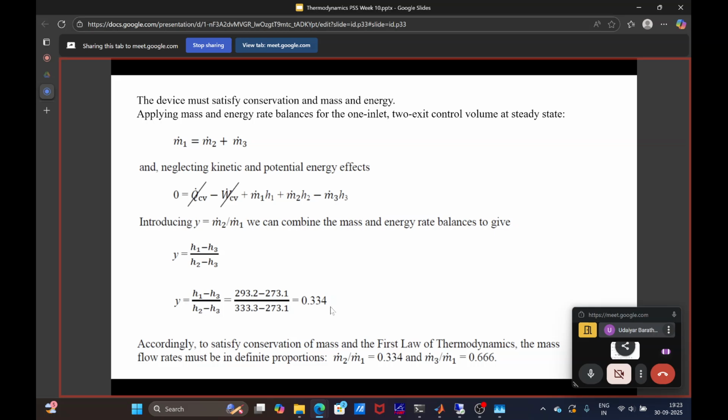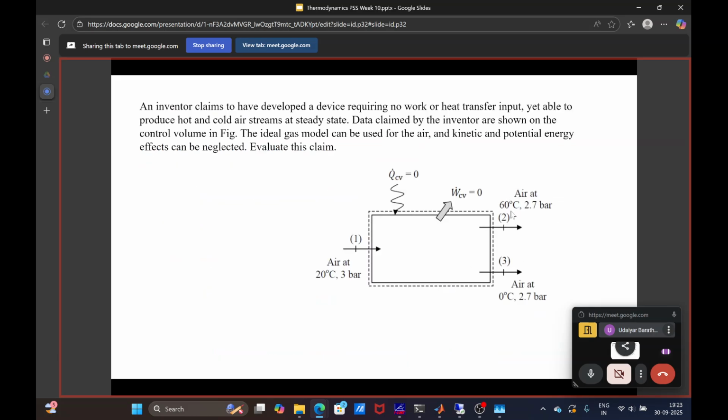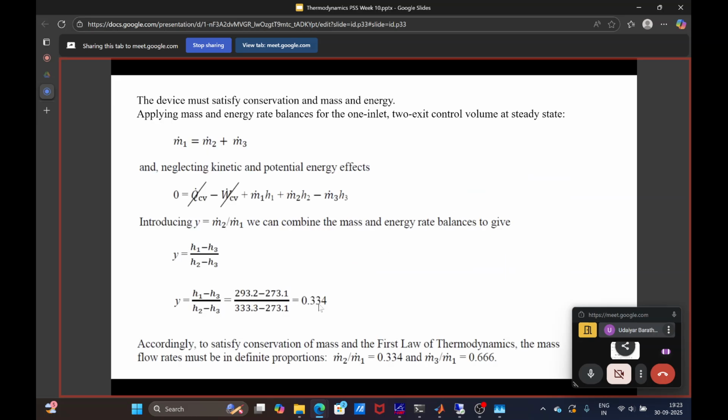This comes out to y equals 0.334. So for stream 2, which is getting heated up, 33% of the air coming in is heated up to 60 degrees Celsius, and the rest, 66.6%, is cooled to 0 degrees Celsius. So these are the mass ratios.